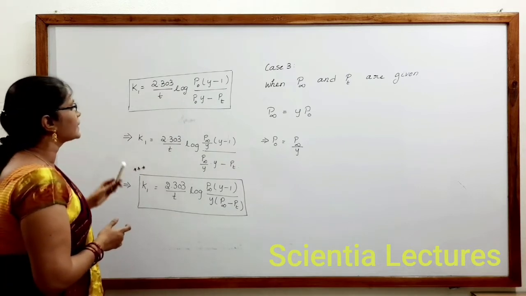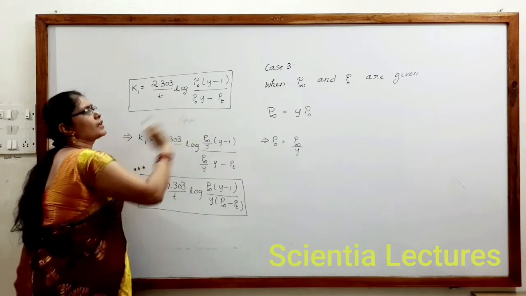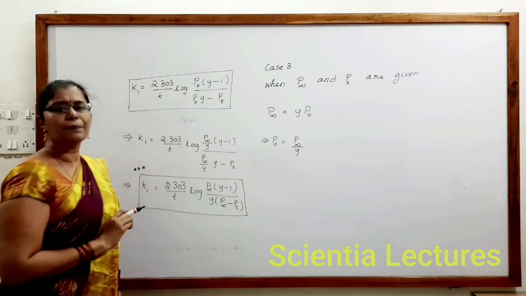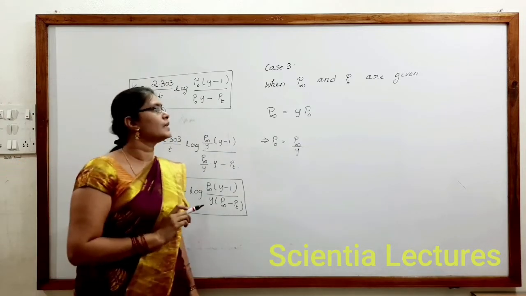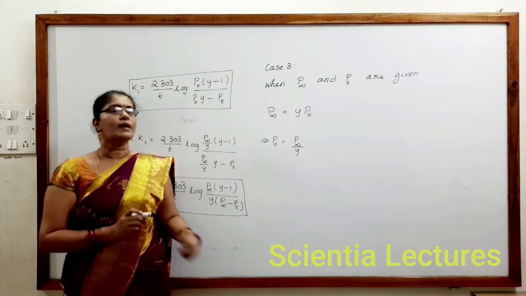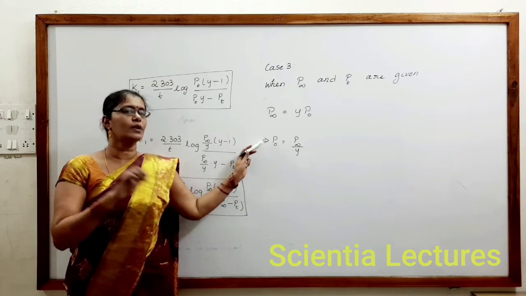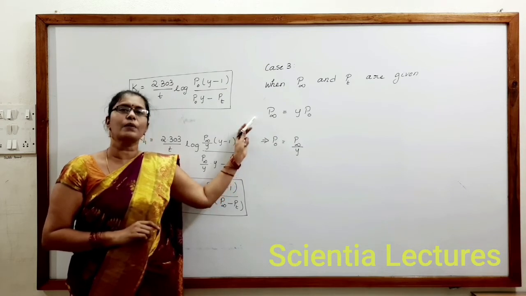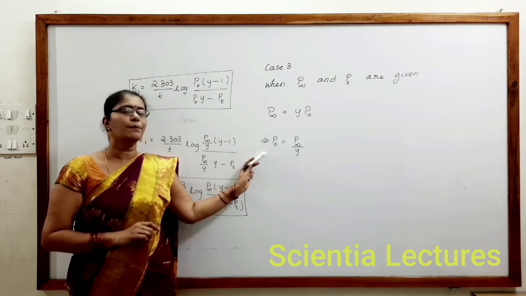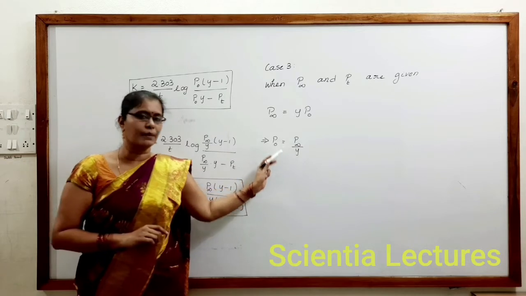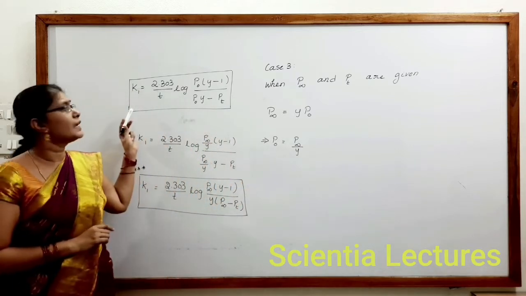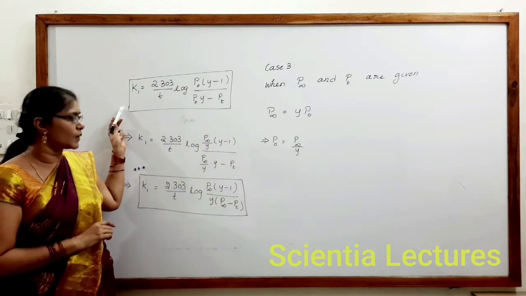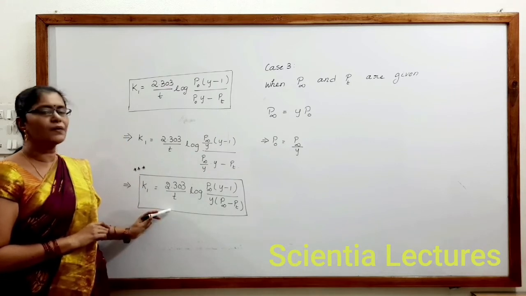Now, if P naught is not given in case 3, and they have given P infinite and Pt, in that condition, what is P infinite? According to the tabular column we mentioned there, P infinite must be equal to Y P naught, which implies P naught equal to P infinite by Y. Substitute that P infinite by Y in this equation, and what equation will we get?